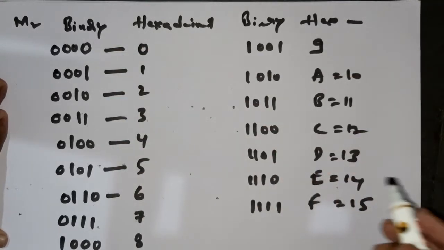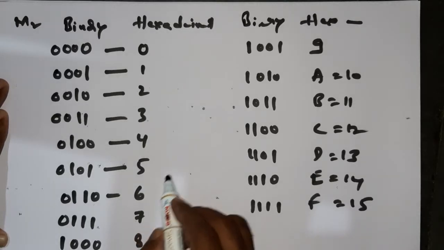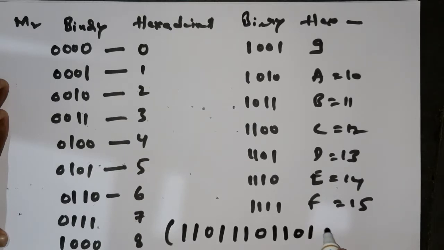So like this. Let me take an example here. I am taking a binary number. Suppose 1 1 0 1 1 1 0 1 1 0. Okay, right. So this number we have.